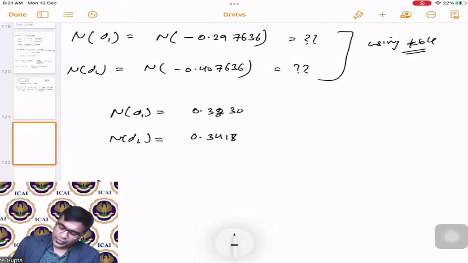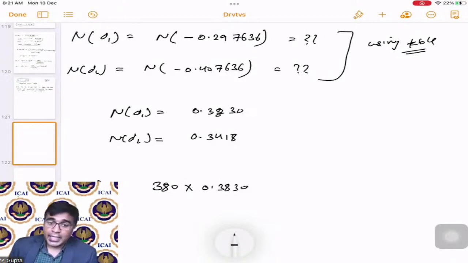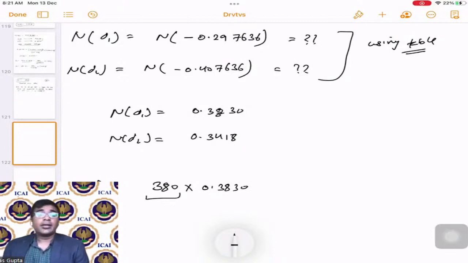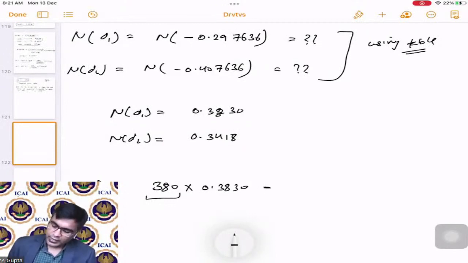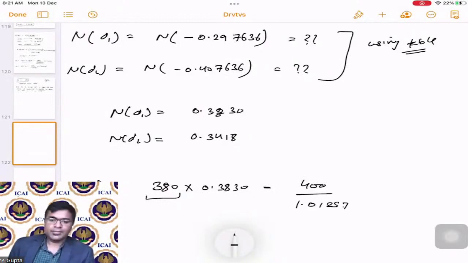Now just apply the formula: 380 spot price multiplied by 0.3830. Now students, here you can see earlier it was 415, correct? Now it is 380, the reduced spot price. That will have an impact of reducing the value of the call option in totality. This minus 400 divided by 1.012578, which will remain the same, correct?